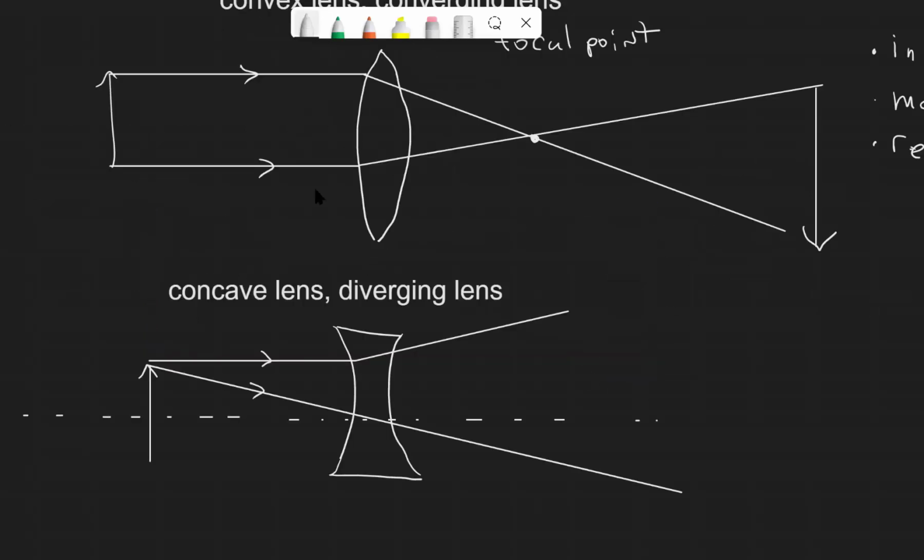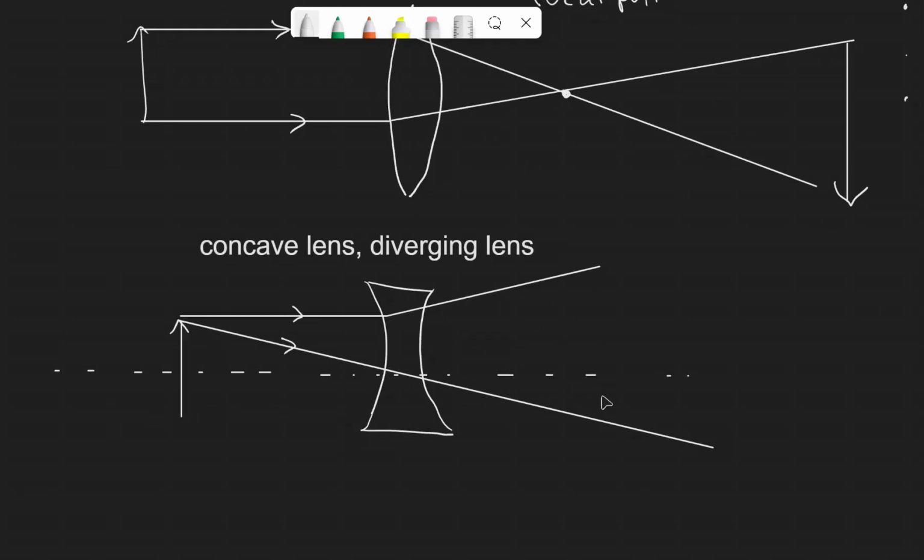Now these are to be contrasted with a concave lens, and depending on the example you may also come across the word diverging lens. So what do they look like? Well, they're concave as the name suggests. One light ray from an object, in this case this arrow, is going to go through here, and then another one, the one that goes through the focal point, is just going to go straight in undisturbed.